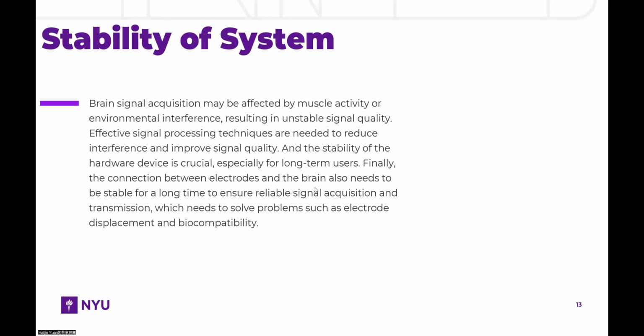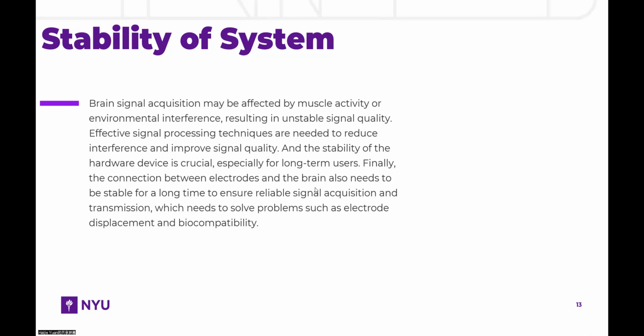The final one is stability of the system. Brain signal accuracy may be affected by muscle activity or environmental interference, resulting in unstable signal quality. Effective signal processing techniques are needed to reduce interference and improve signal quality.